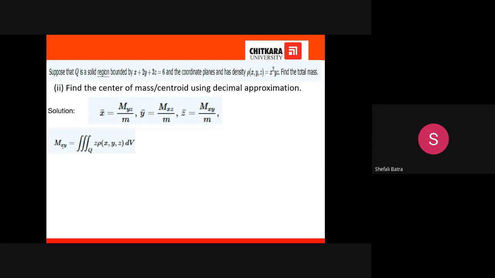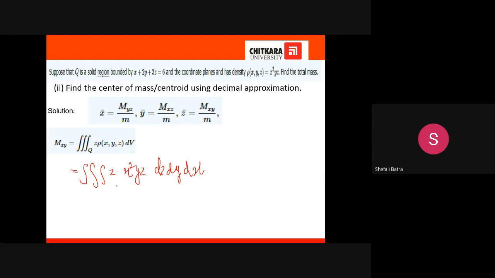Moment of xy. In this, the formula would be z rho dv. Now you will evaluate this and let me know what the answer will be. Triple integration z into x square yz dz dy dx. You know the limit, na?